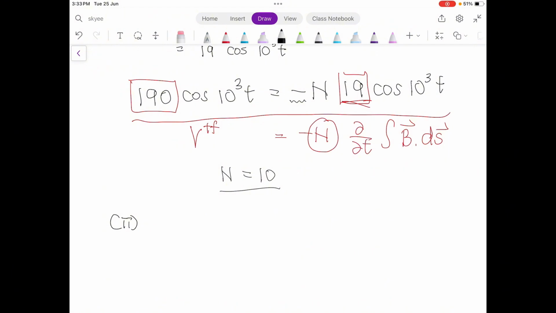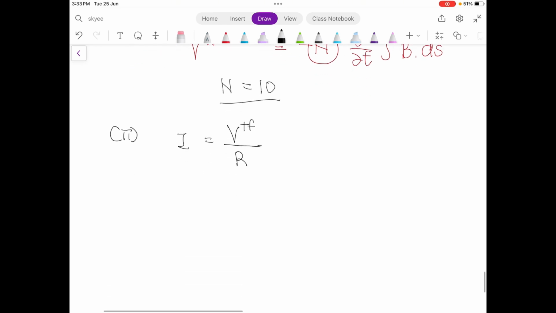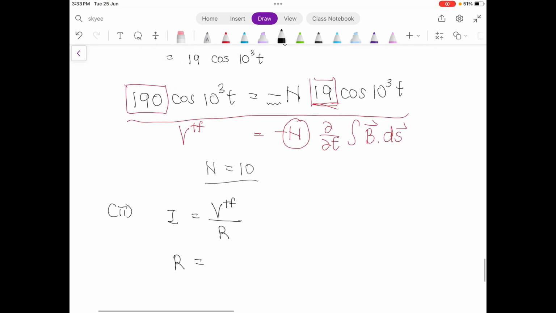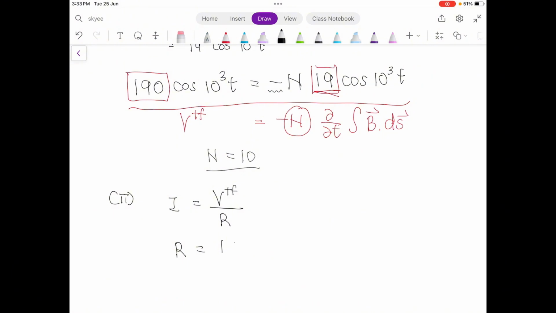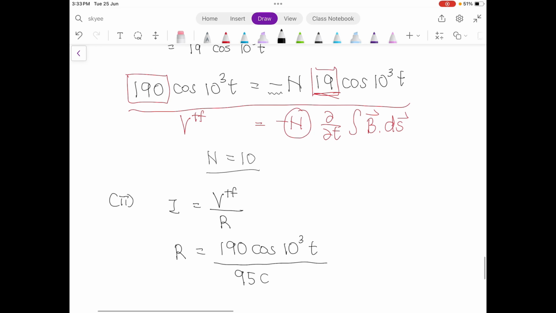V equals IR. This is the transformer EMF over R. If you want to find the R value, the V value is fixed, which is 190 cos 10^3 t, over the I, which is now 95 cos 10^3 t.